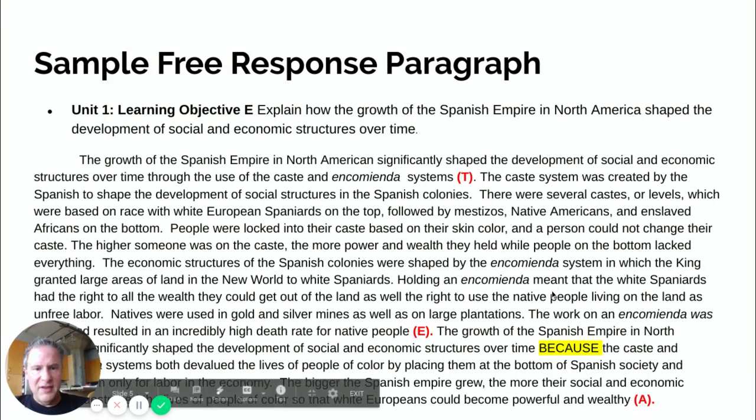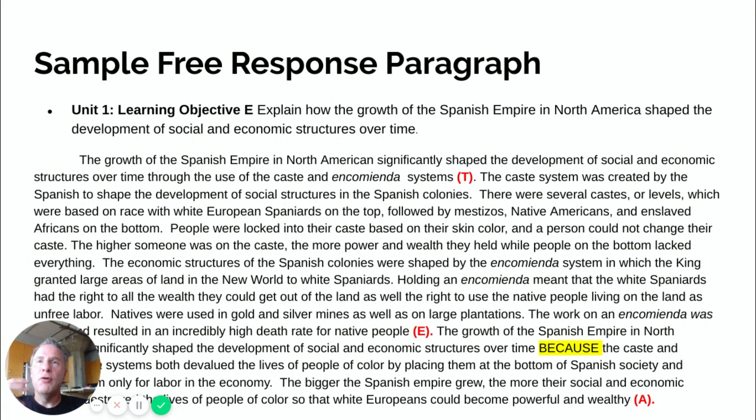You'll notice that the start of my argument is the same as the start of my thesis. The growth of the Spanish Empire in North America significantly shaped the development of social and economic structures over time. Word for word, I just pulled it down here, put a because in there, and then I went on to explain how the caste and encomienda systems devalued the lives of people of color for the profitability of white Europeans.